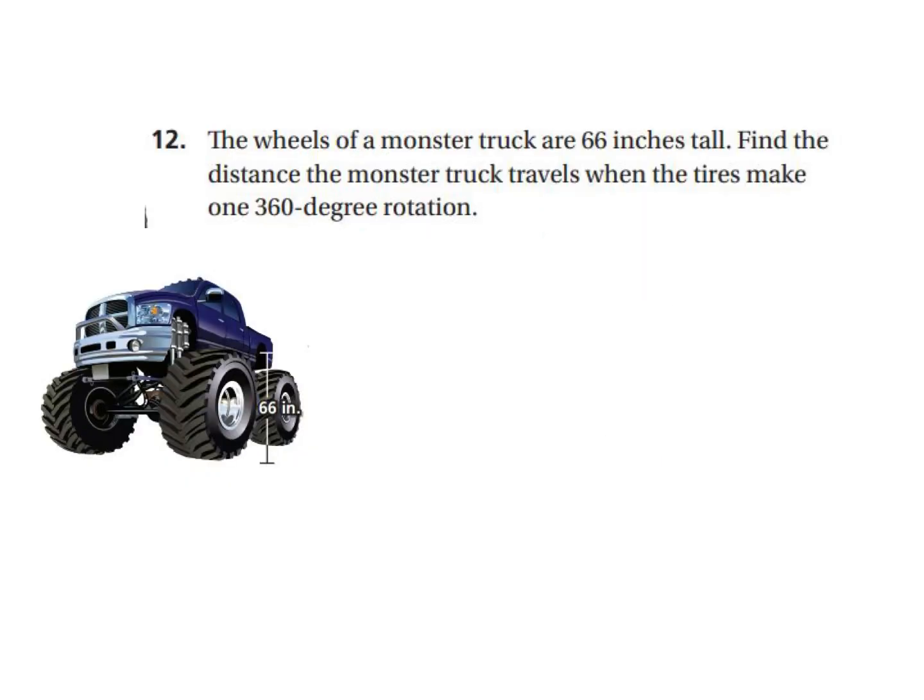Right. Last little example here. Number 12 is looking at a monster truck and it's asking what is the distance that the monster truck travels when the tires make one 360-degree rotation. Now, we haven't necessarily talked about exactly what 360 means. I'm sure though we've heard in the past that 360 degrees is the same as one full turn of something.